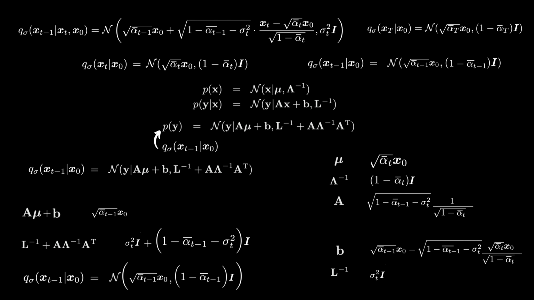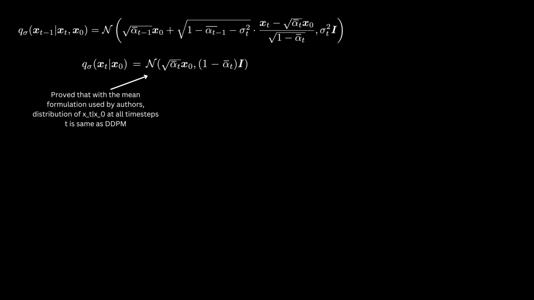Now since we define the base case specifically such that q of xt is of this form, where t is the last time step, and then given q sigma of xt given x0, we have shown that q sigma of xt minus 1 given x0 is also of the same form. Hence, using this definition of mean function, q sigma of xt given x0 is always this for all time steps.